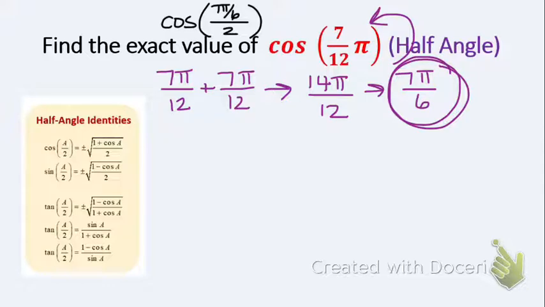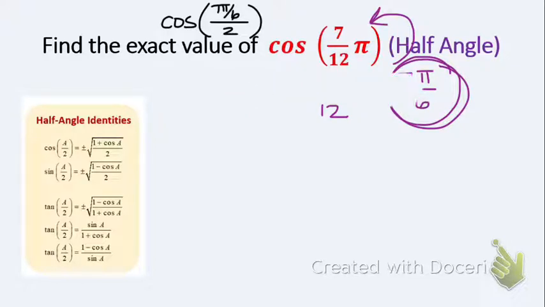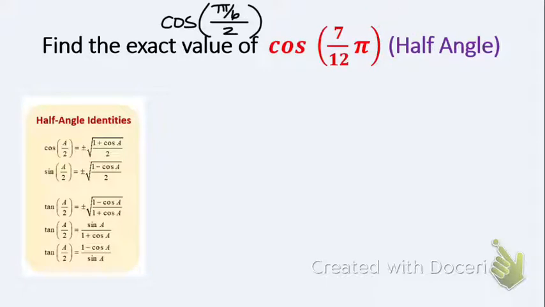Okay, so let's do it. Okay, so we have the cosine of 7 pi over 6 divided by 2.